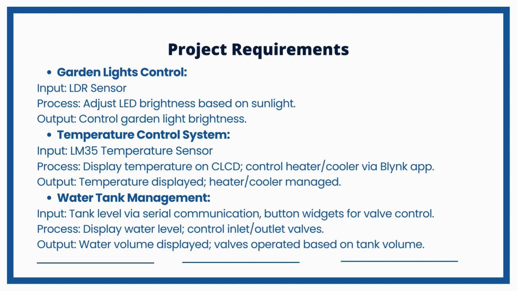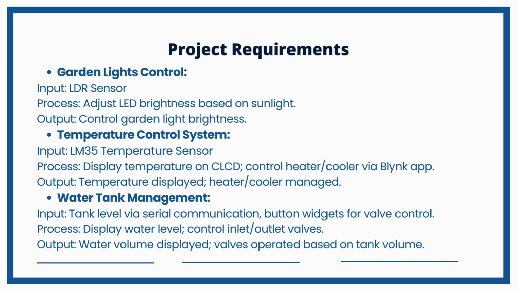We have to do the garden light control by using an LDR sensor to adjust the LED brightness, and also a temperature control system. We will use the LM35 temperature sensor to display the temperature on the LCD.